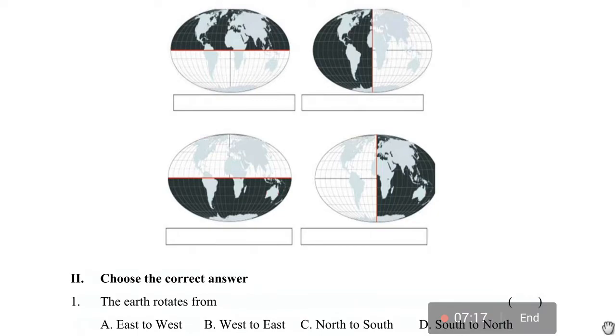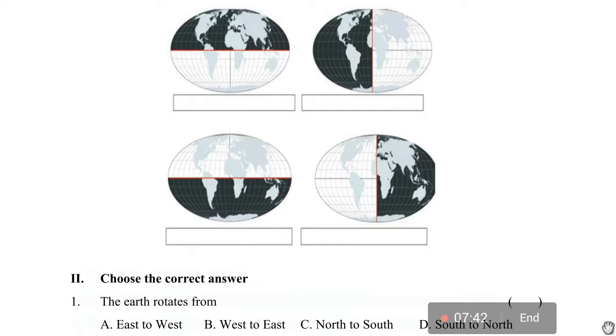Third one, the bottom side or south side, is the southern hemisphere. And last one, the east side or right side, is called the eastern hemisphere.